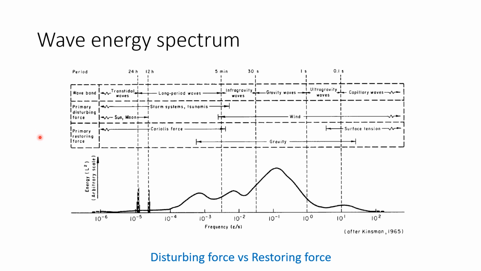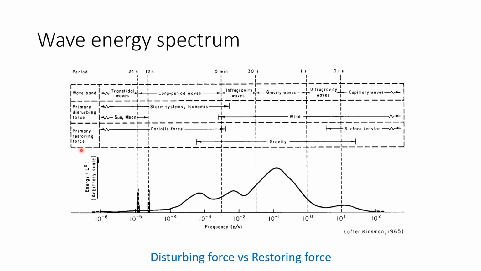So the displacement of the water surface typically is restored by gravity action. So you can imagine if the wave goes up, it is the gravity action that causes it to come back down again. And as a result of that, it goes into an orbital motion. So gravity is the most prominent restoring force in wave motion.